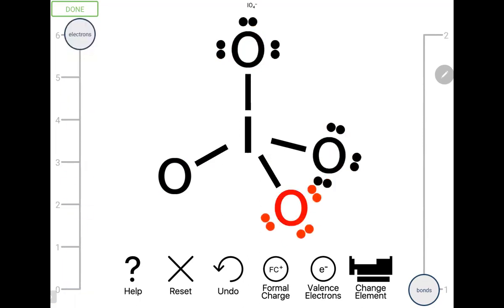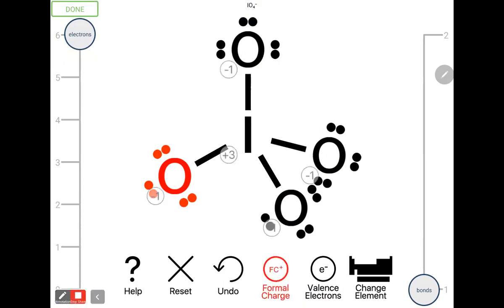I'm going to start with single bonds. See where I'm at. So that would be 8, 16, 24, 32. Right, if I check, I needed 32, so that could work.